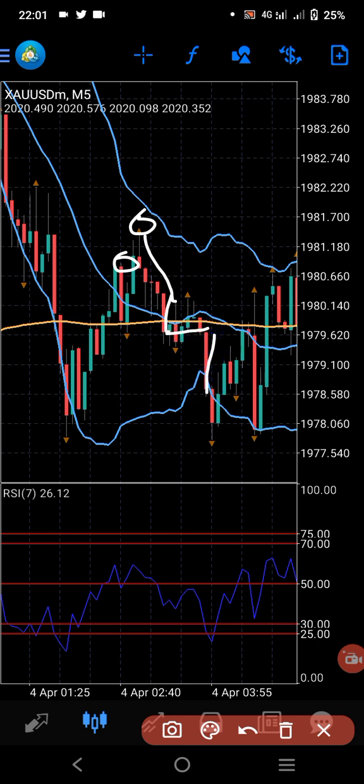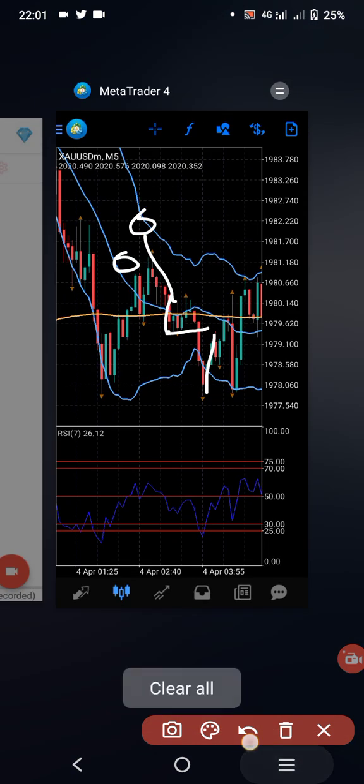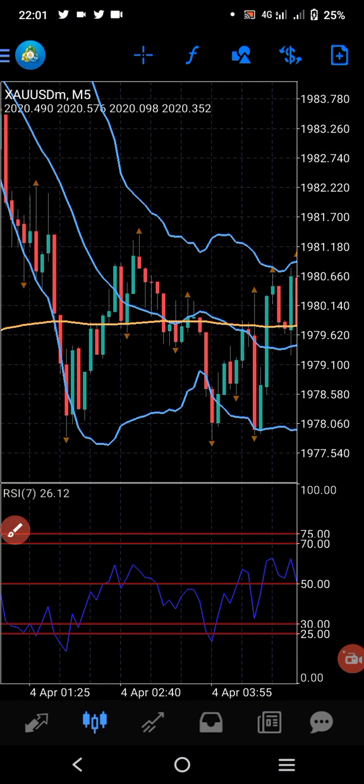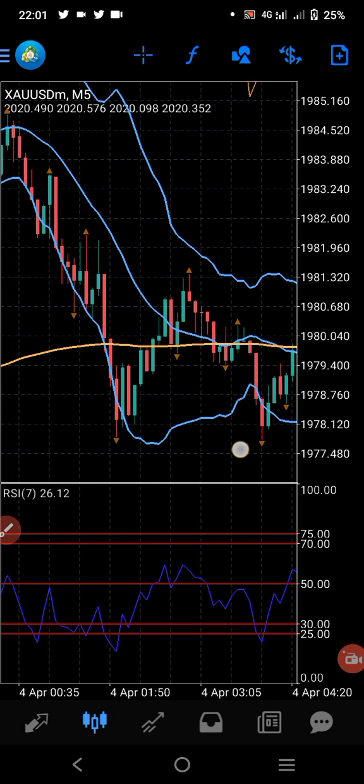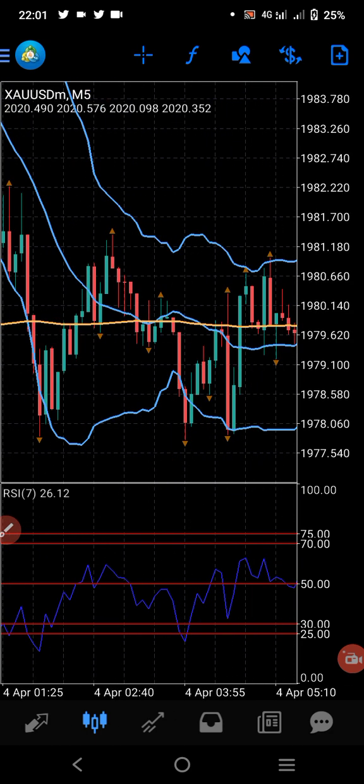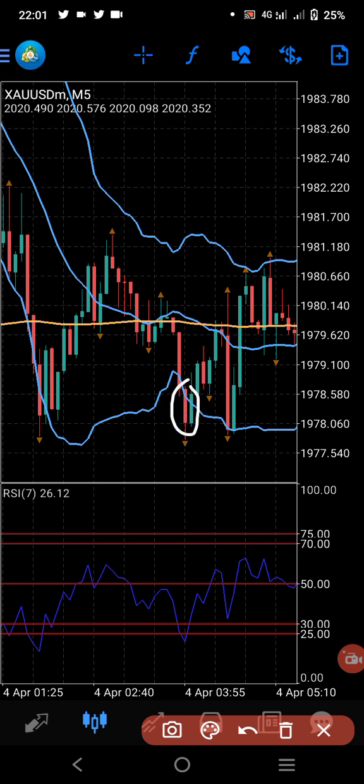Now that it came down to this point, we can also see that the market also came out of the Bollinger Band again. It broke the Bollinger Band and took a bullish move with this green candle up.